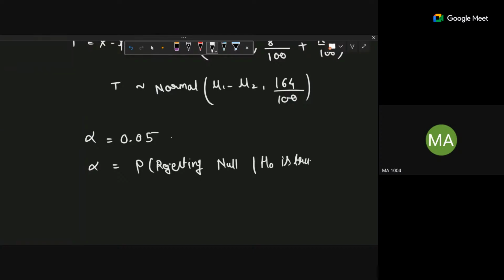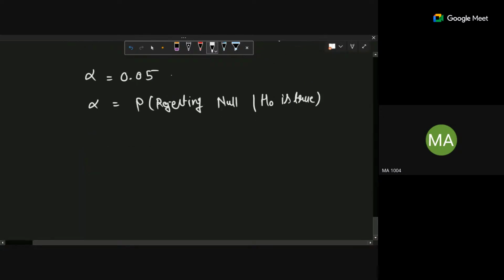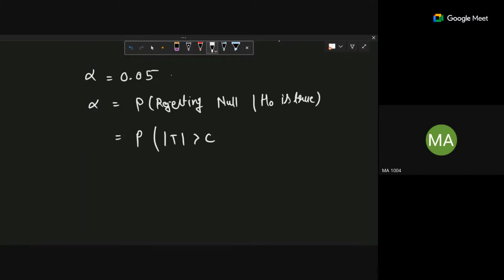That means the null hypothesis was true, but we are rejecting it. So that is the probability of modulus T greater than C, given that the means are equal. Once their means are equal, that means mu1 minus mu2 is equal to 0.